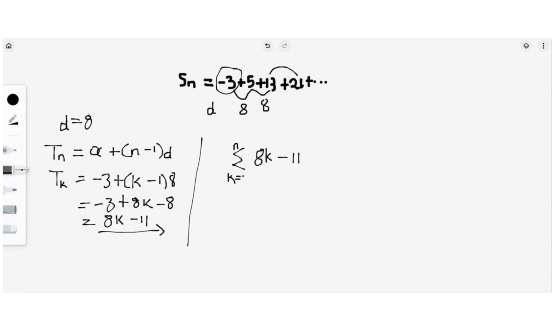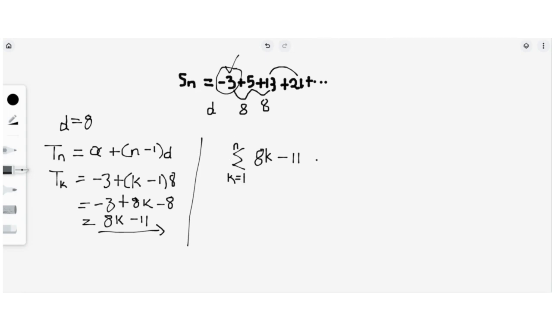Where should we start? We need a number such that if we substitute it, it will give us -3, the first term. Let's try 1. If k equals 1, 8 times 1 is 8, and 8 minus 11 is -3. So k has to start from 1.